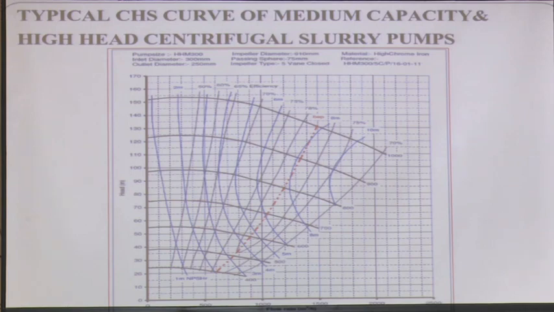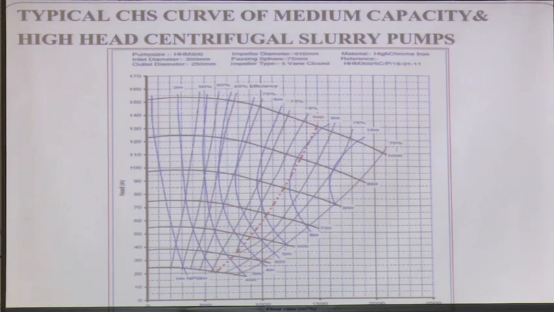And it will also make the eye bigger, so that a bigger amount of slurry can be pulled in. Here also all the things are there, BEP, efficiency lines, right, NPSH, everything is there. 910. Okay.